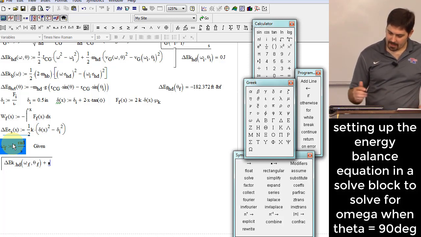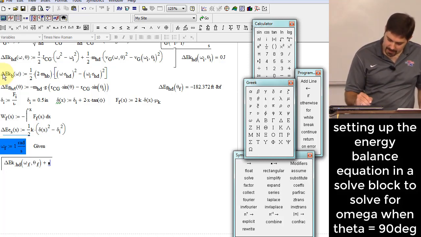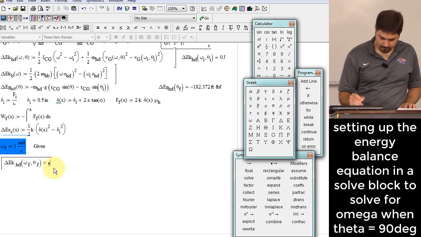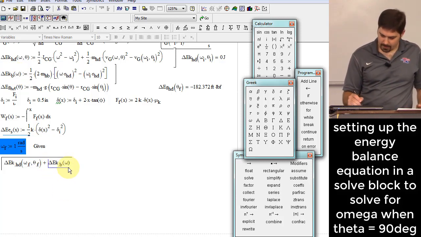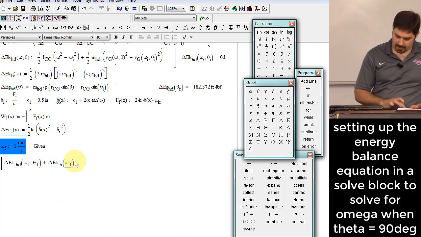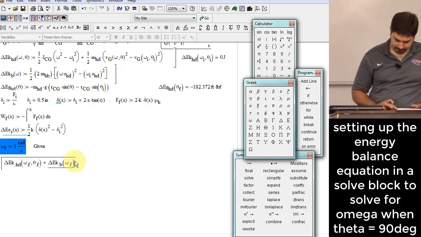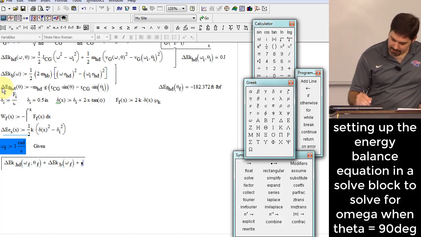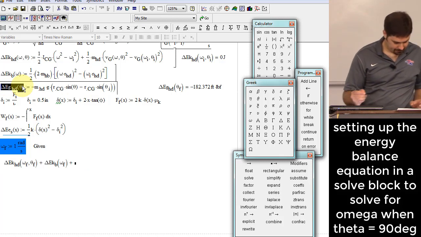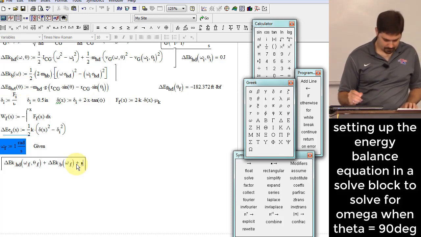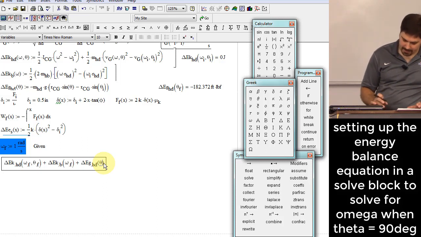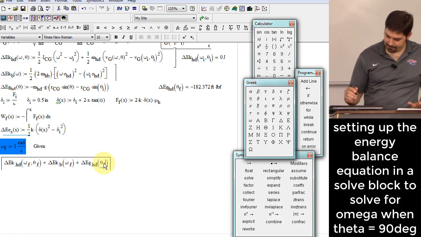I add to that my kinetic energy of the brake. Right, again, I want to make this omega f. To this, I'm going to add my difference in gravitational energy. Okay, again, for theta being theta f.